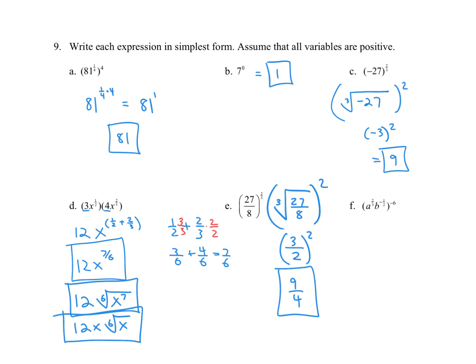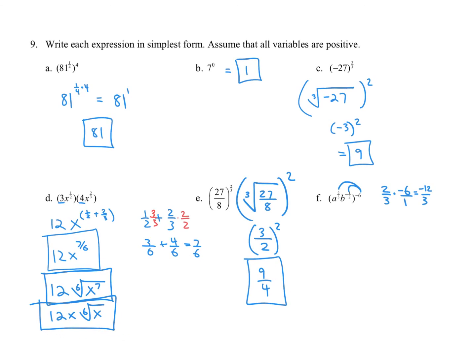And in part F, I have some negative exponents. First, I'm going to multiply my exponents because I'm raising powers to another power. So 2/3 times negative 6 over 1 gives me negative 12 over 3, or negative 4. So I get a to the negative 4.